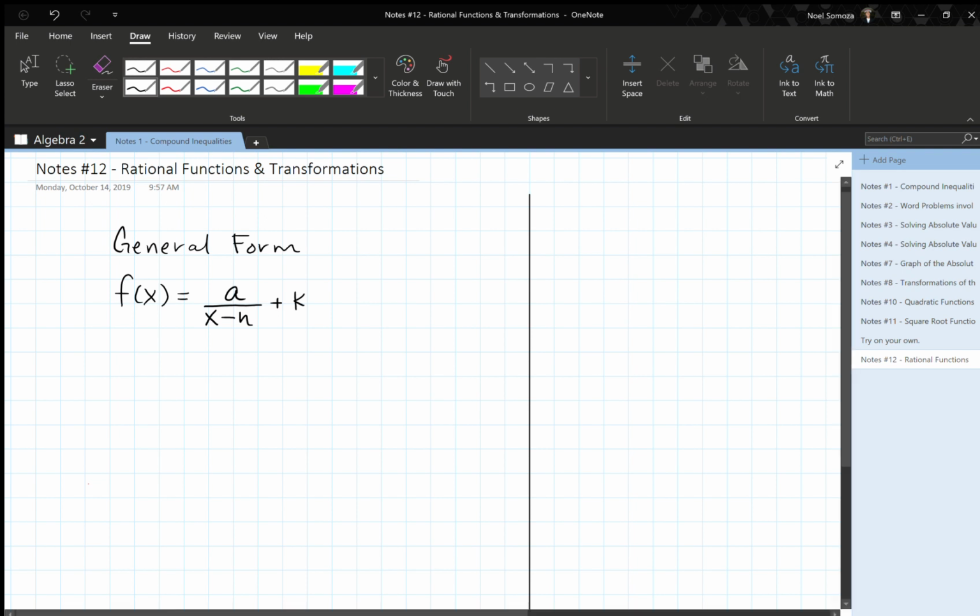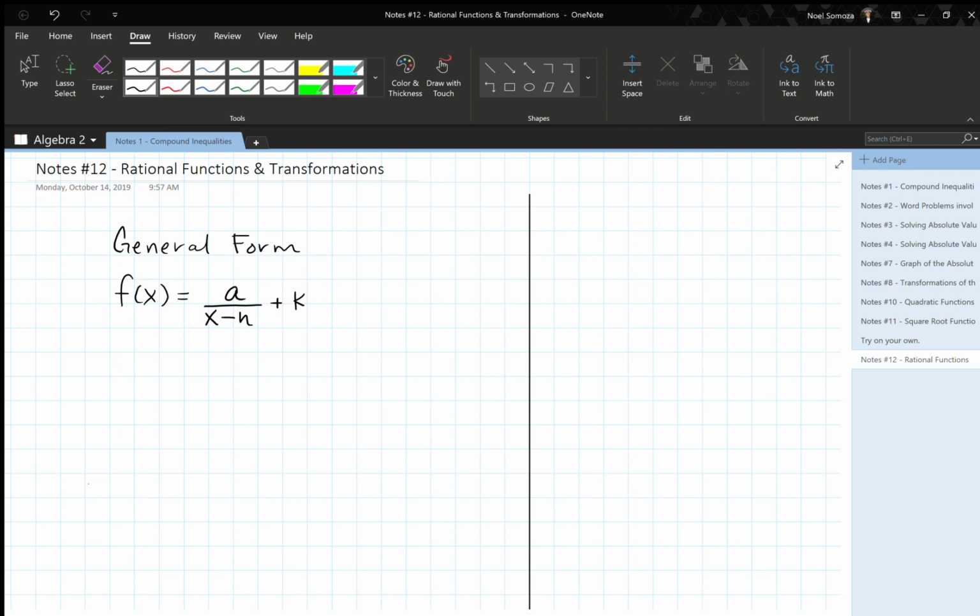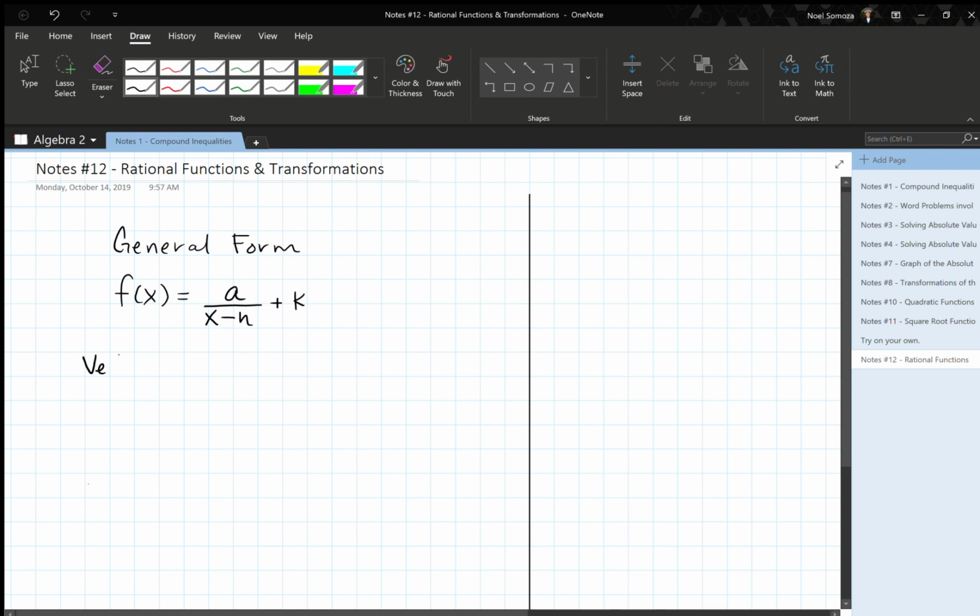So let's get started with finding the vertical and the horizontal asymptotes of the rational function. Those are essentially the building blocks because they help you identify where the curves are going to be bounded between. Every rational function will have two asymptotes: a vertical asymptote and a horizontal asymptote.